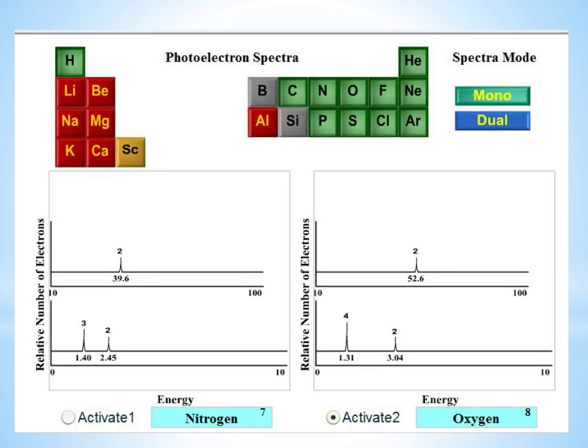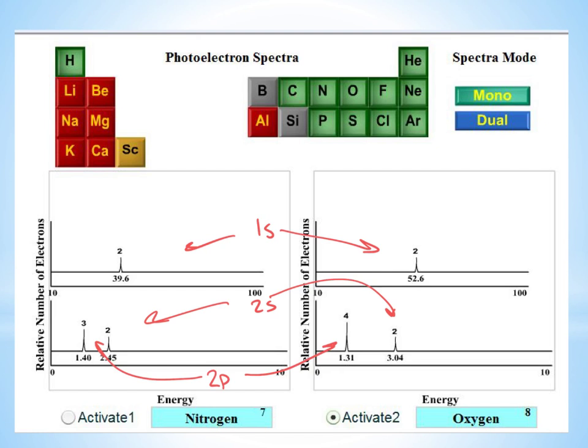You can also compare 2 elements that are located next to each other on the periodic table. You're looking at nitrogen with 7 electrons and oxygen with 8. And I've gone ahead and labeled the different peaks based on what their energy levels and orbitals are for those particular peaks.